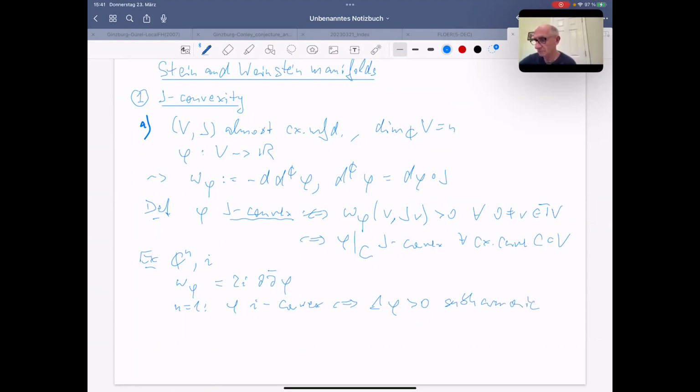Then by what I said before, if you go to higher dimensions, the function phi is i-convex if and only if its restriction to every complex line is subharmonic, and such a function is then called plurisubharmonic.